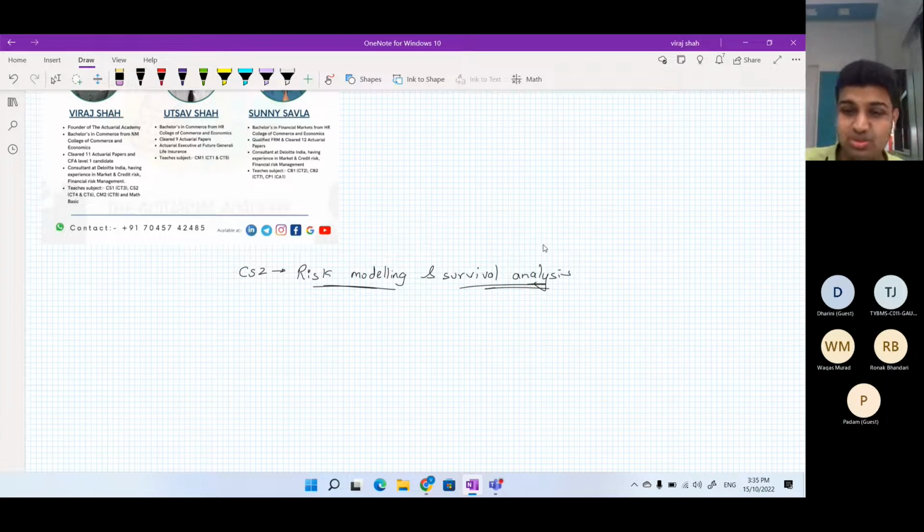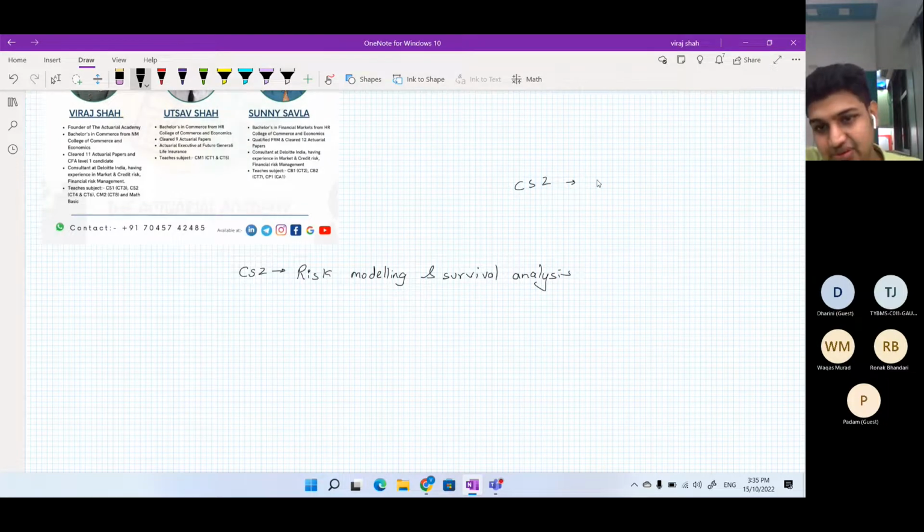What is the prerequisite of CS2? The prerequisite for CS2 would be CS1, chapter 1, which is the probability distributions, and chapters 7 to 9. Not all the concepts, definitely.